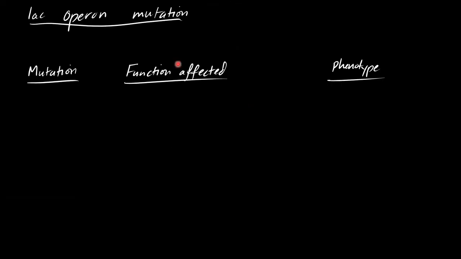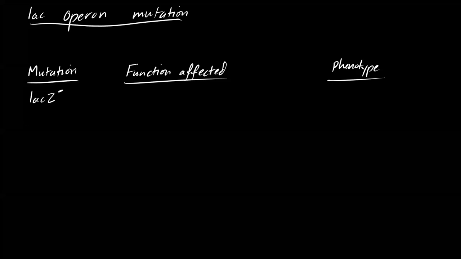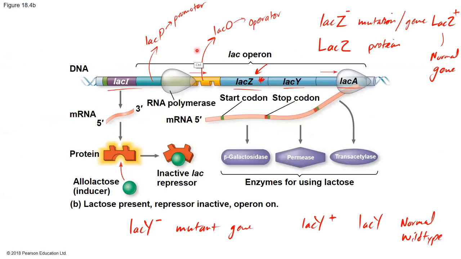Now, let's go back to this table. Let's look at the different mutations. The first mutation affects the enzyme, the gene lac Z. Notice that lac Z encodes the beta galactosidase.